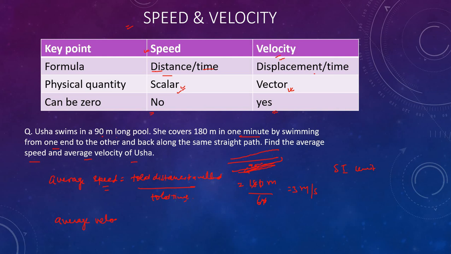Now what is the average velocity? So average velocity is basically total displacement by total time. So the person has started from, suppose A, has gone 90 meter here and then come back again to the same position.